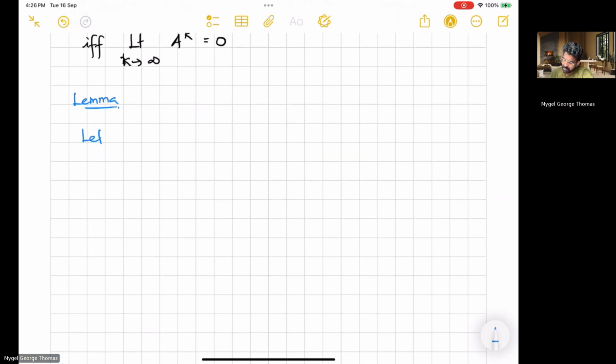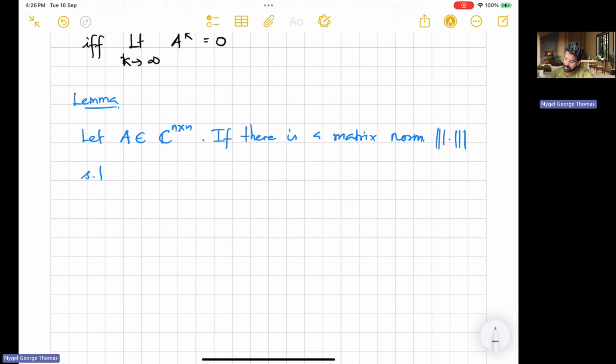The lemma states: let A belong to C n cross n. If there is a matrix norm, given by three bars, such that with respect to that matrix norm the norm of A is less than 1, then A is convergent.